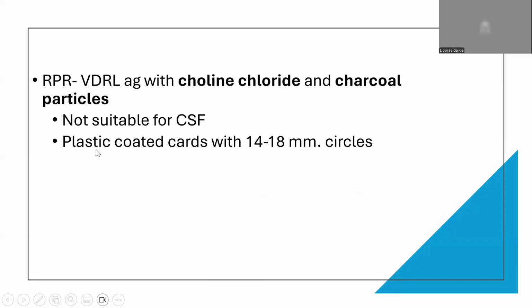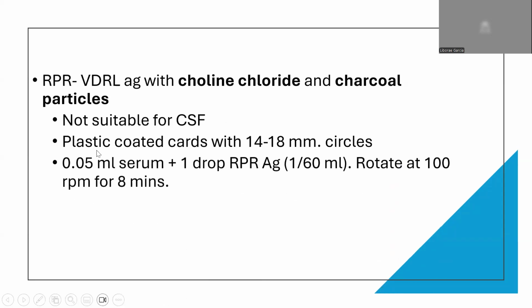So you're using plastic coated cards with reaction circles of 14 to 18 millimeter sizes. In your procedure, you add 0.05 ml of serum plus 1 drop of your RPR antigen, which is equivalent to 1/60 ml. Rotated at 100 RPM for 8 minutes.